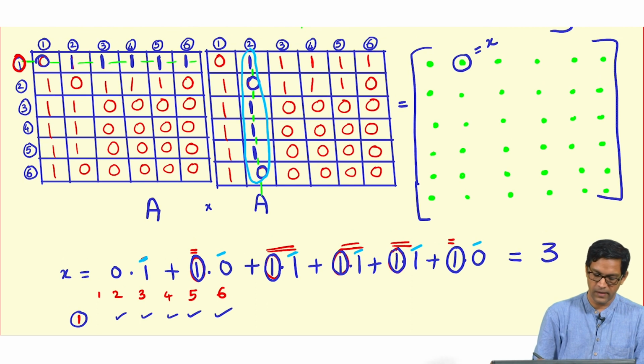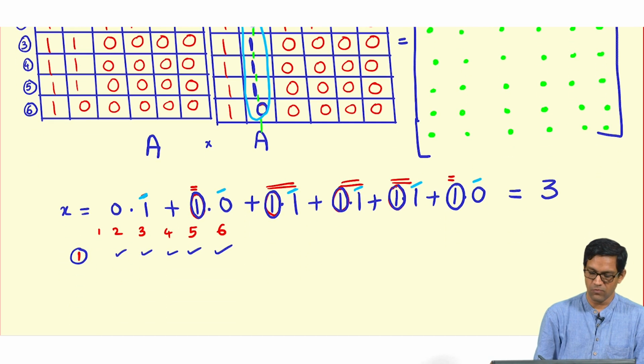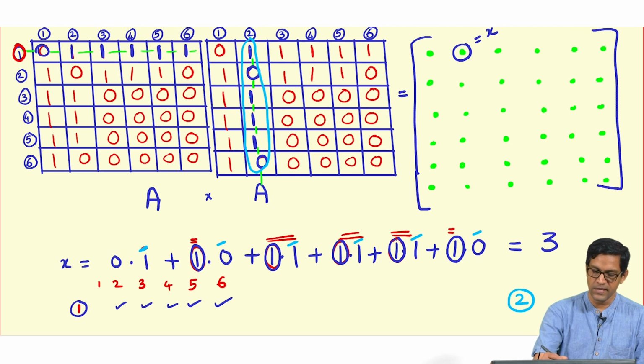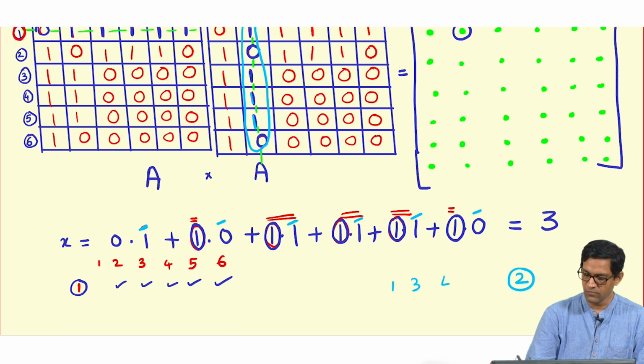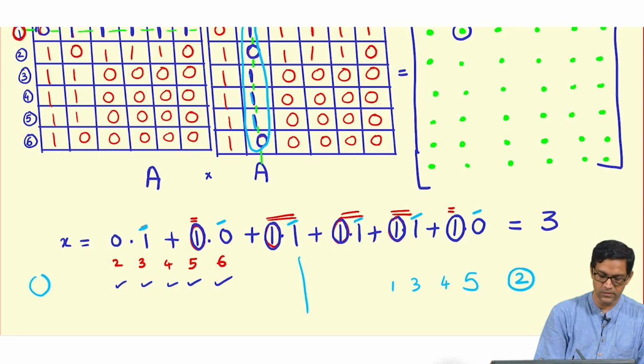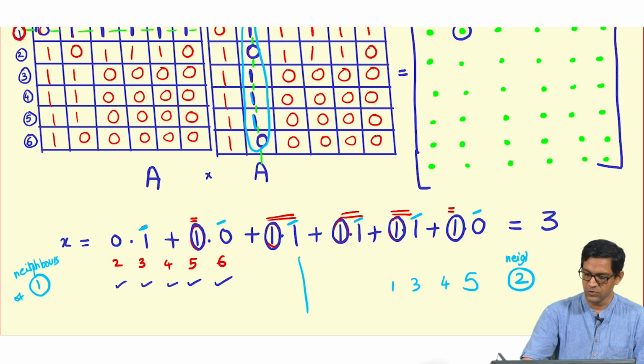So, on the one hand I have the neighbors of 1, and on the other hand I have the neighbors of 2, which are exactly 1, 3, 4 and 5. This is really what we have on the 2 sides of this calculation: on the one hand, all the neighbors of 1, and on the other side, the neighbors of 2.